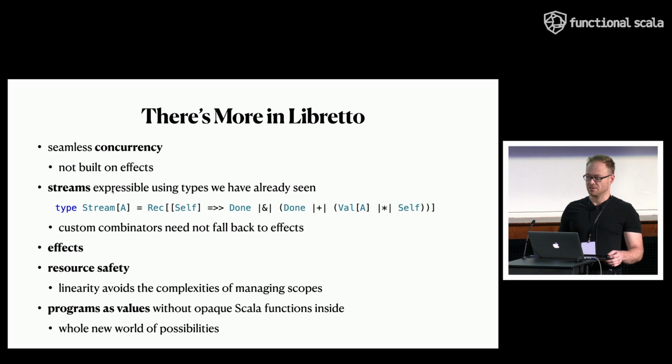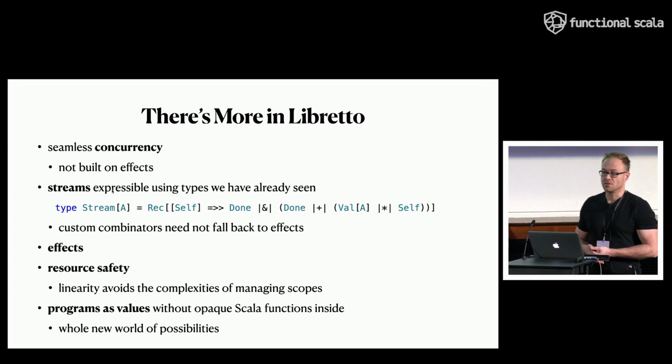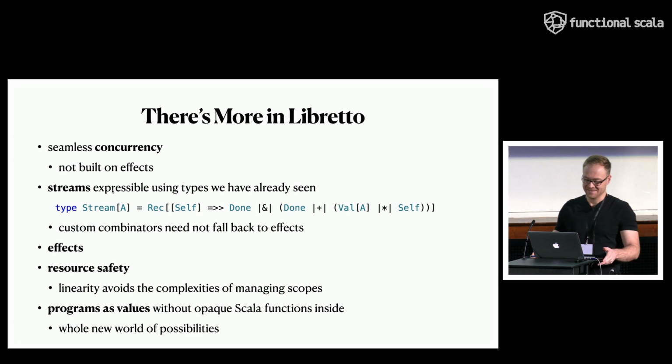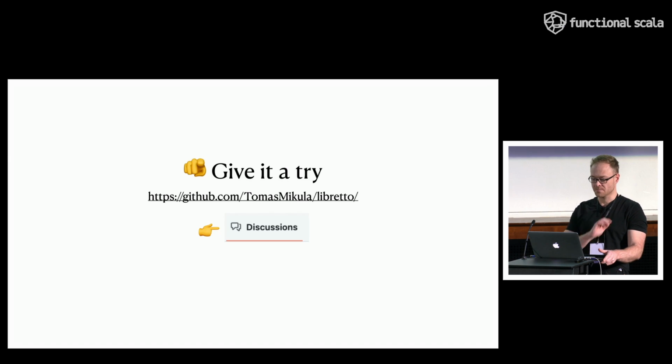And last but not least, if your programs as values are not hidden behind opaque Scala functions, this opens a whole new world of possibilities what you can do with programs, and these are yet to be explored and exploited by Libretto. So please try it out.